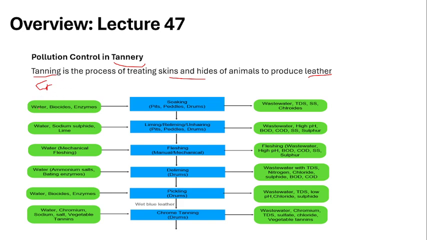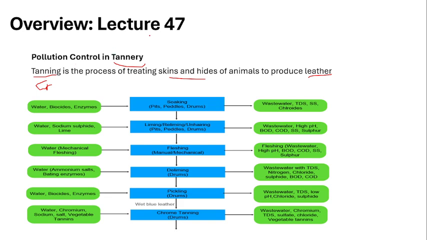So the disposal of all the waste streams is very much important before we are discharging into the water stream, or before adopting landfilling of sludge. We need to ensure that chromium content is reduced in it, and all other parameters are also very important to be predetermined before discharging into the soil or into the water bodies.